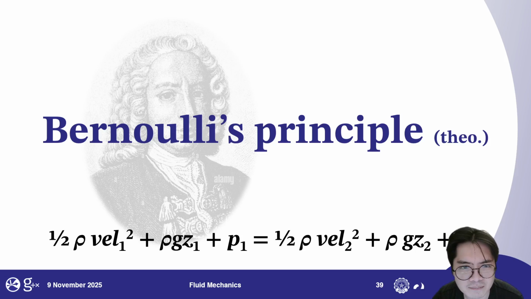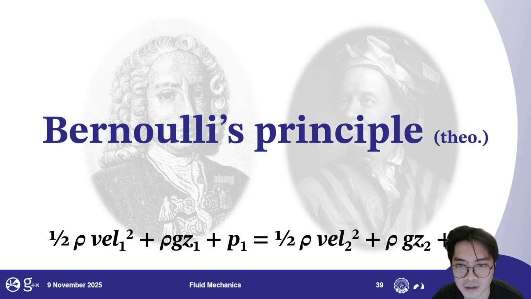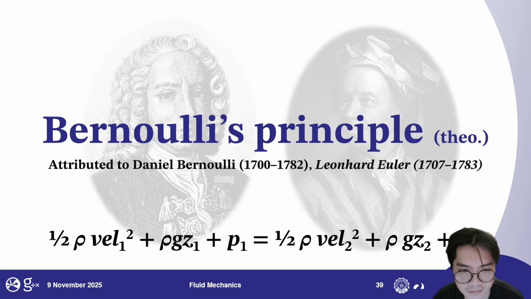But sorry to spoil it, this was not actually first discovered by Daniel Bernoulli. The one who discovered it is Leonhard Euler, the OG. So this should be Euler's principle, but he already has so many other math things named after him: Euler's number, Euler's formula, another Euler's formula, more formulas, and so on.